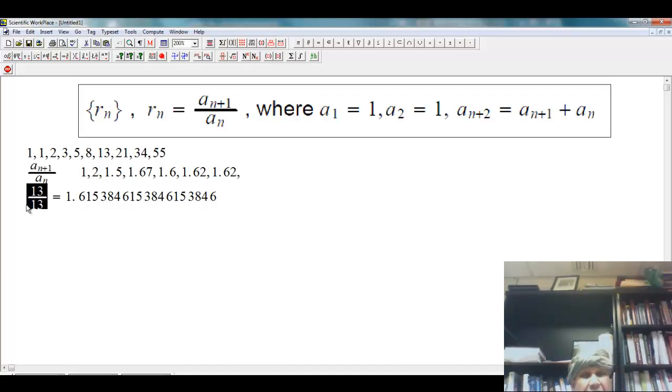Then 13 over 8 will be approximately 1.62. Then 21 over 13 would be 1.62, something like that.